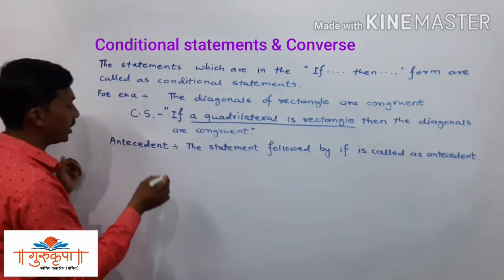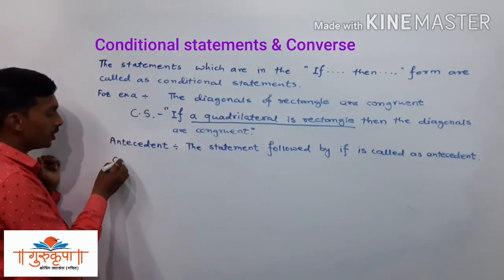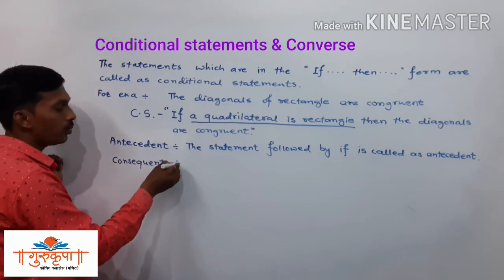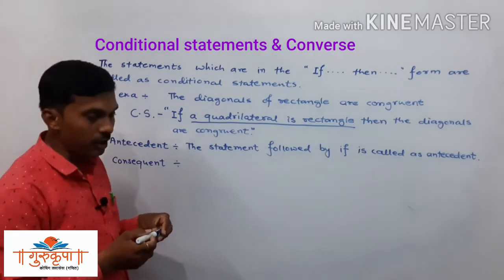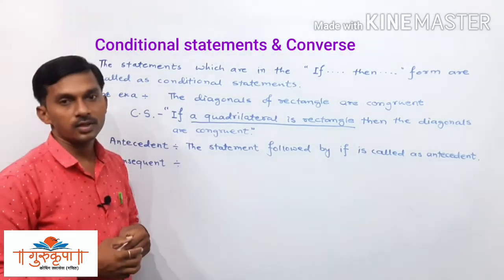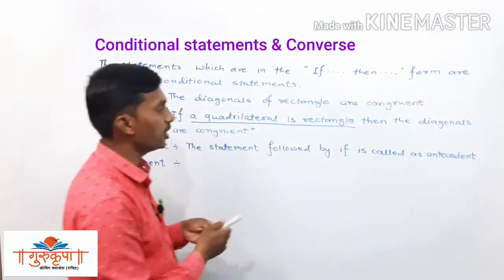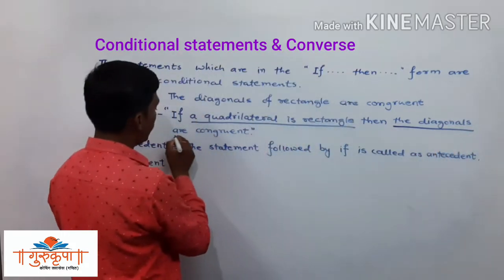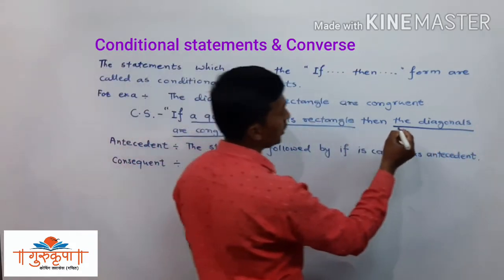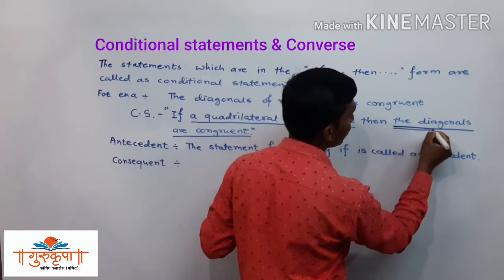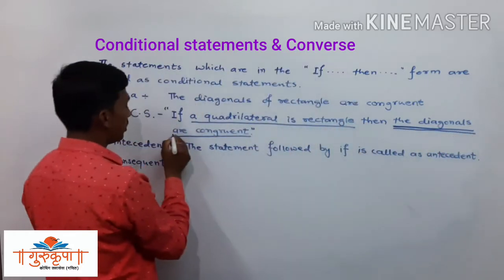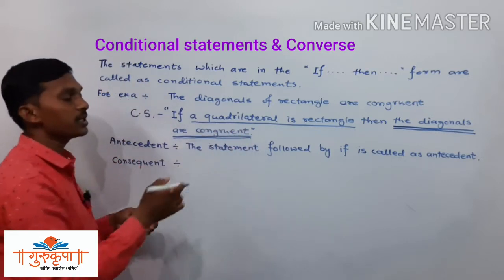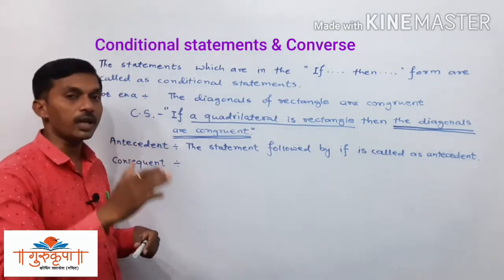And the next part we have is consequent. Now what is consequent? The statement followed by the word then is called as consequent. You can say it as the part which we have to prove.